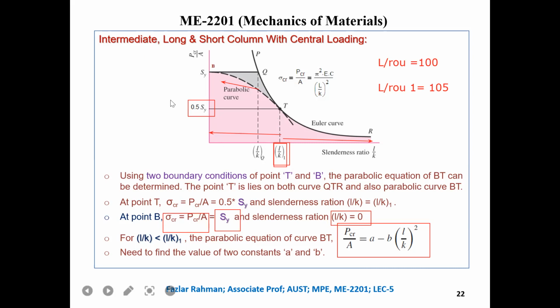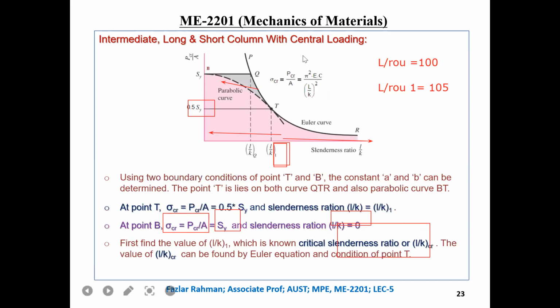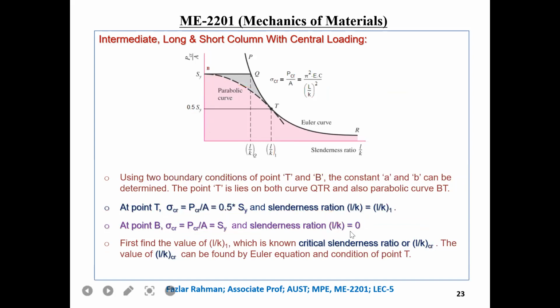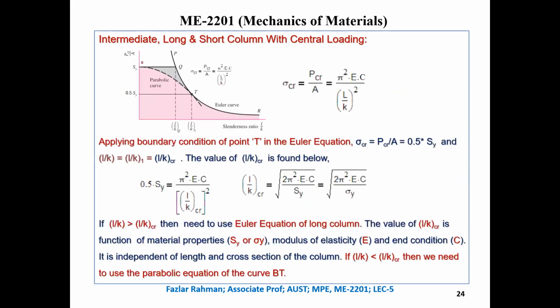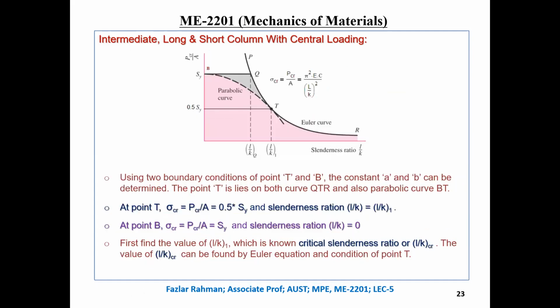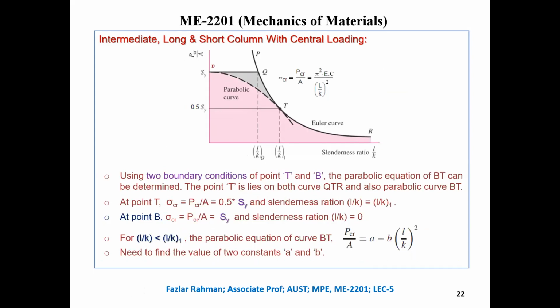So we found the same boundary condition, I put it over here. If we use the second boundary condition, then we are able to know the value of B. And there is one thing.